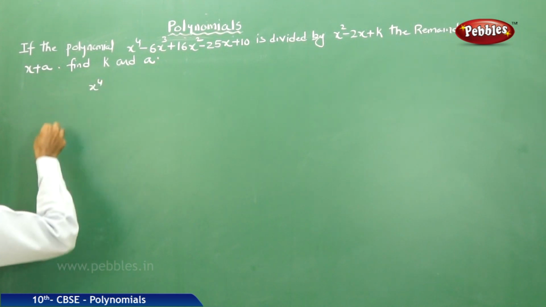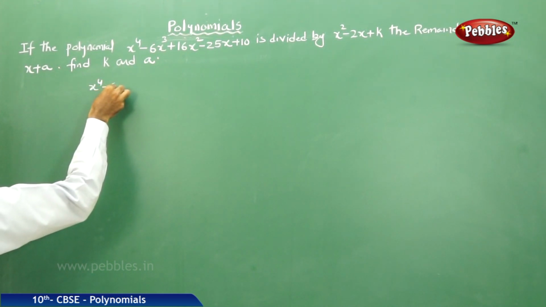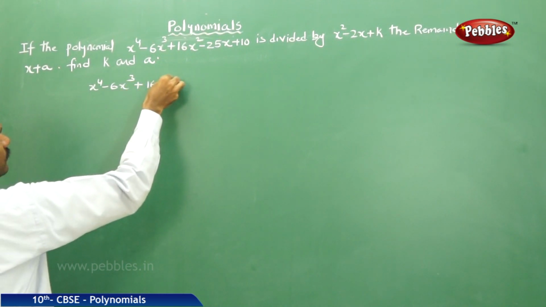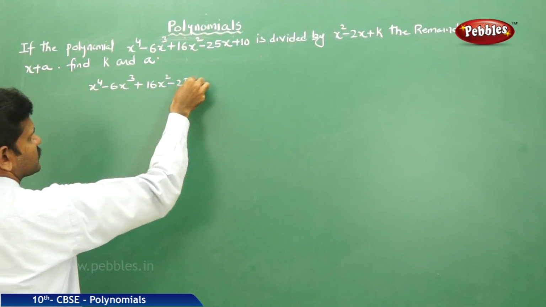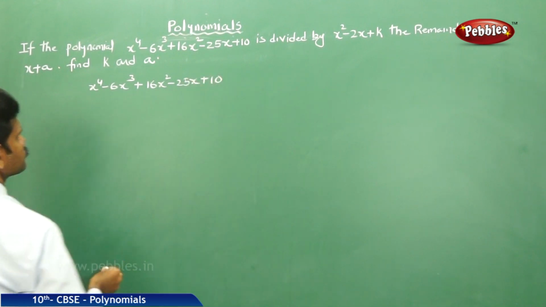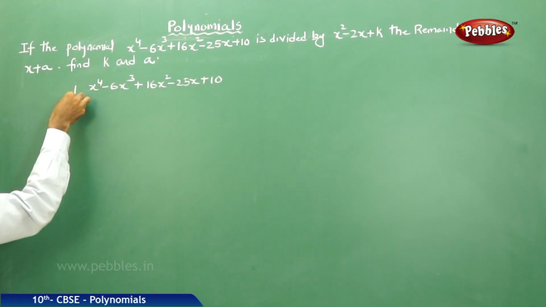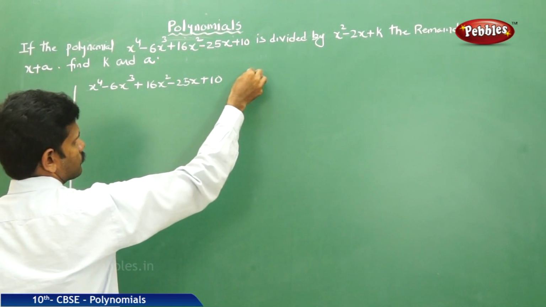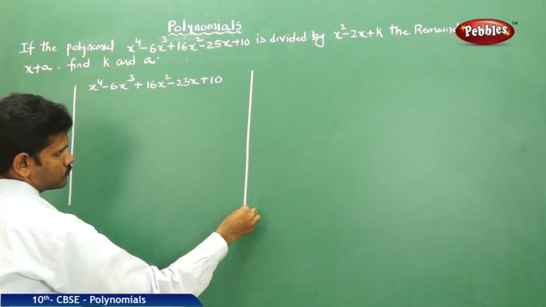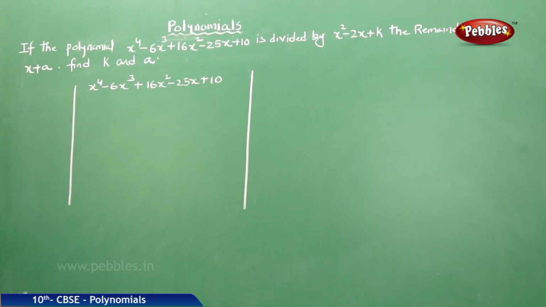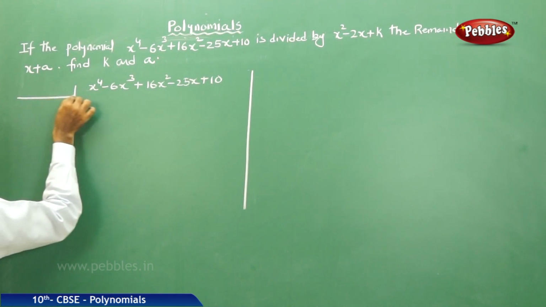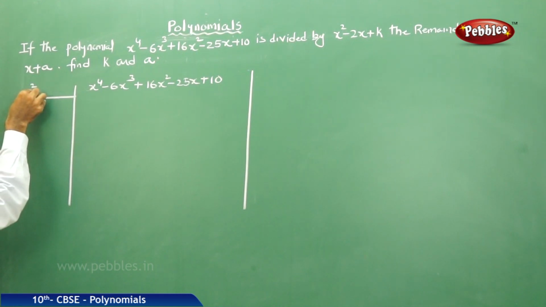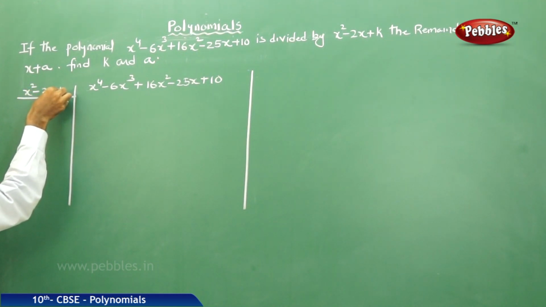x^4 - 6x^3 + 16x^2 - 25x + 10 is divided by x^2 - 2x + k.